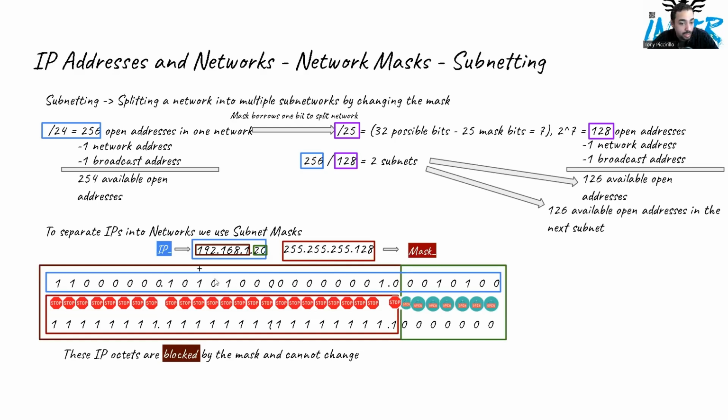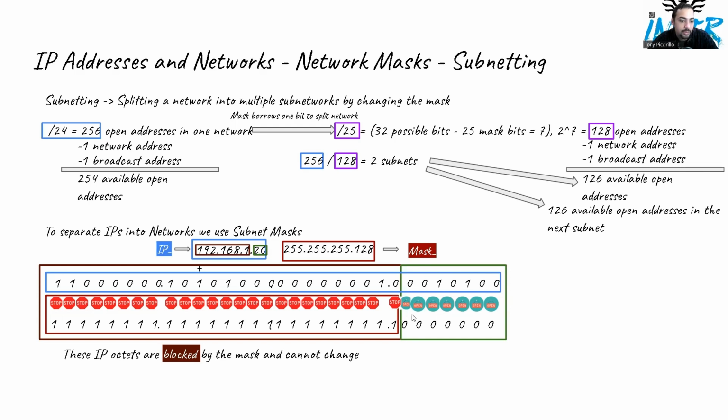Whenever a mask bit is on, that portion of the network address can't be changed, as we discussed before. And notice how we have 1 extra bit here in the mask that goes into the last binary lane of the last octet, right? So in this last octet, there are 8 lanes. This mask is borrowing this lane of this octet.